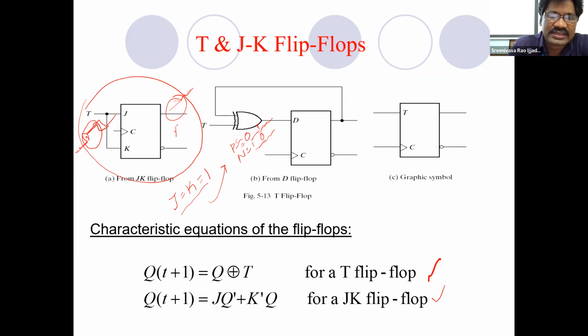This is called the racing problem. For a single input, the output should be stable. If the inputs keep on changing, the outputs may keep on changing. But here I am not changing the input, I just forward 1 to both J and K and wait at the output, but the output is not stable. It's continuously changing 0 1 0 1 0 1 like that, or 1 0 1 0 1 0. This is called the racing problem. So the JK needs to be modified.